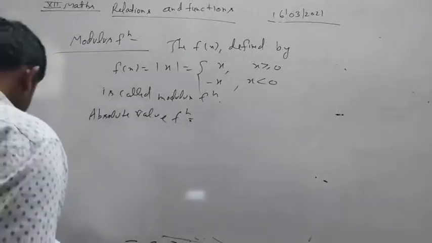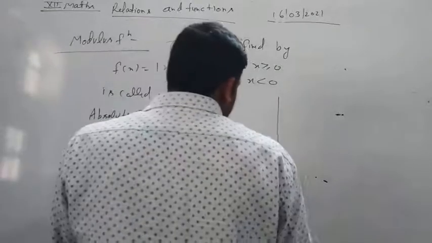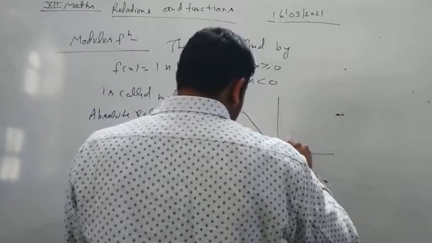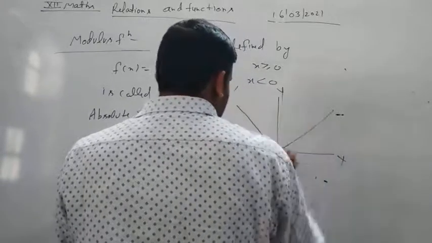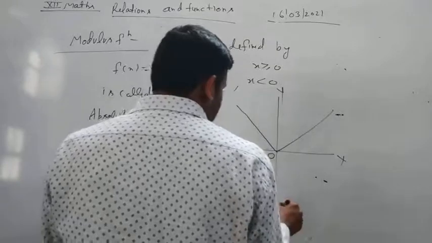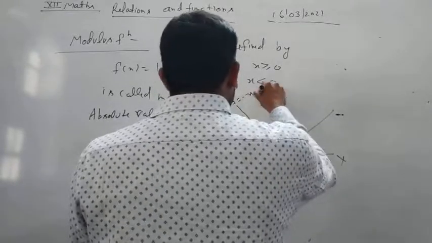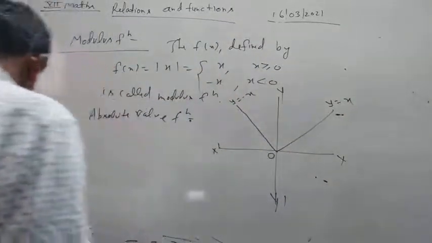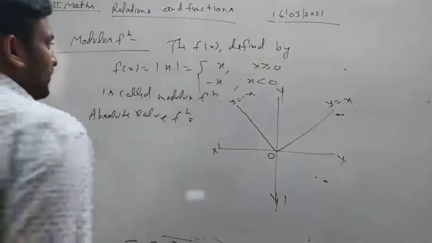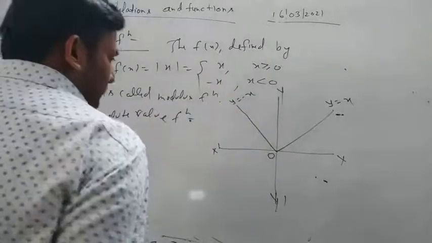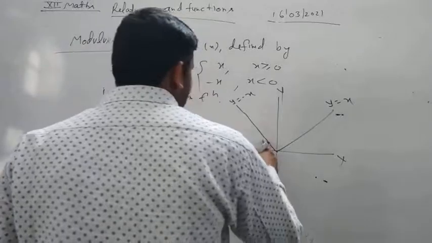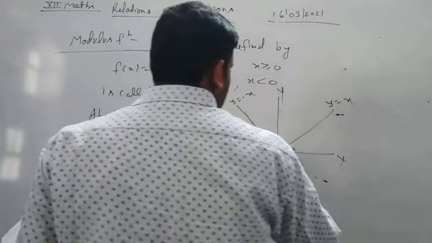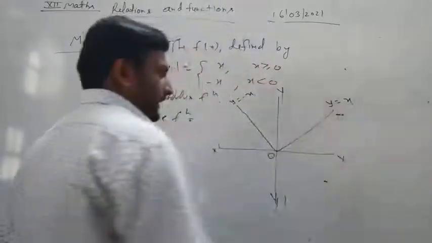Students, its graph is this. It passes from here to there. This is the x-axis, y-axis, origin, x dash, y dash. This is y = minus x, and this is y = x. Because if we take a negative value, minus 1, we get 1, minus 2 gives 2, minus 3 gives 3, minus 4 gives 4, and 1 gives 1, 2 gives 2, 3 gives 3, 4 gives 4, like this.